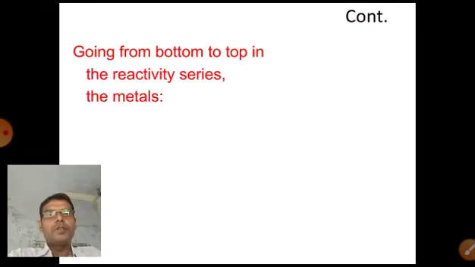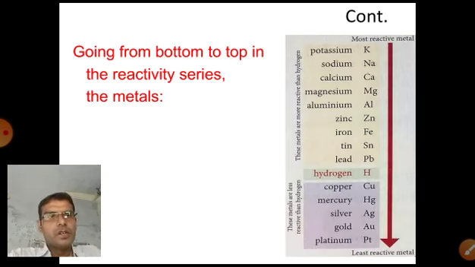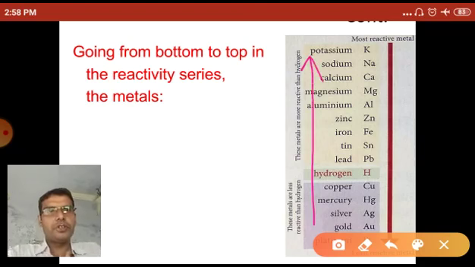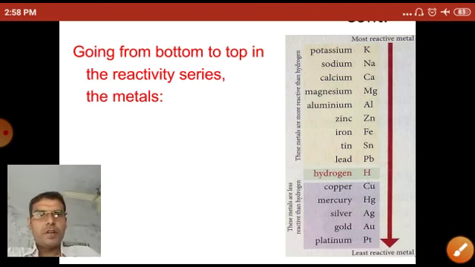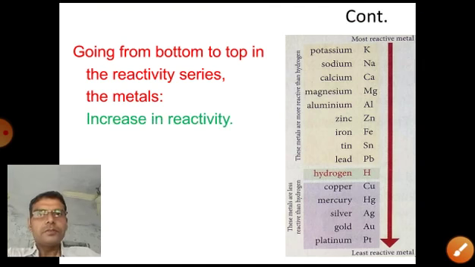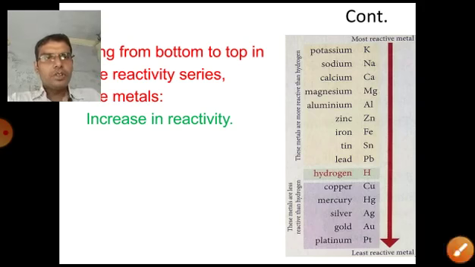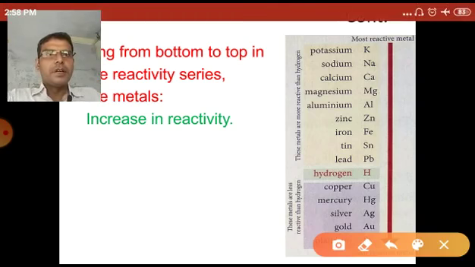Now, going from bottom to top in this reactivity series, what will happen? Increase in reactivity. So the reactivity of the metals increases when we move from bottom to top.